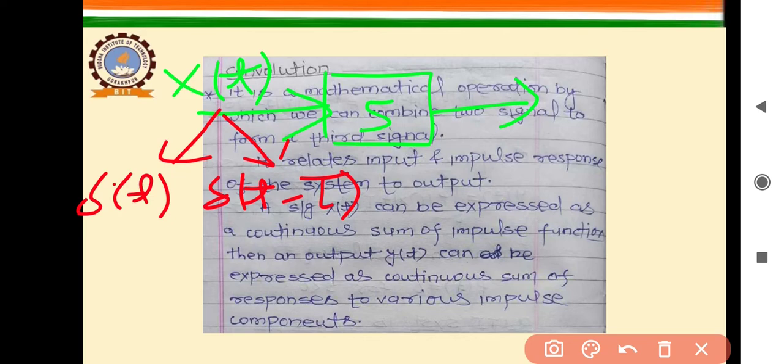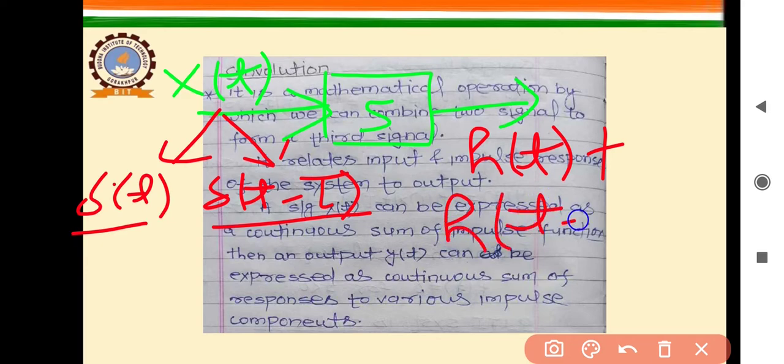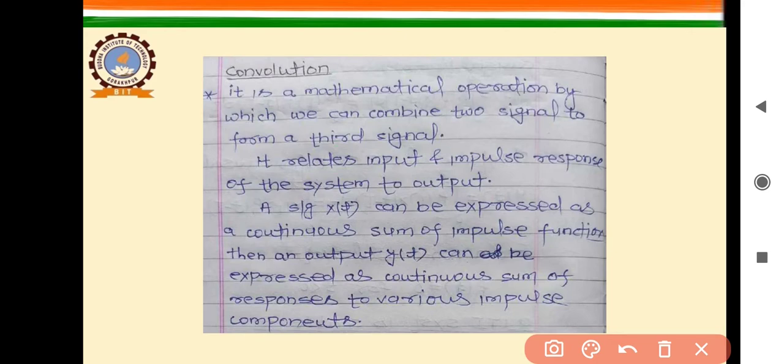Then the output due to these impulses also can be written as a summation of h of t minus tau and so on, for all the components of the input signal. So what is written here: a signal x of t can be expressed as a continuous sum of impulse functions. Then an output y of t can be expressed as a continuous sum of impulse responses to various impulse components.